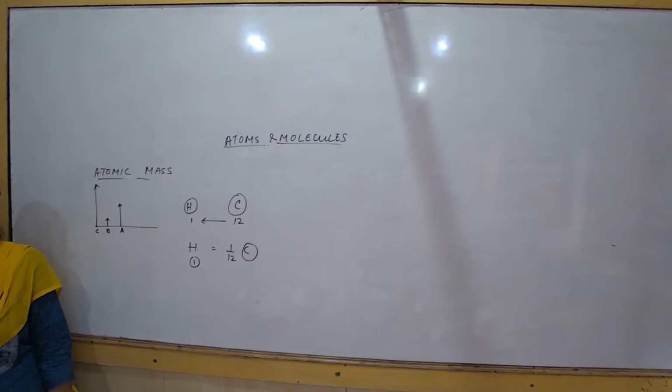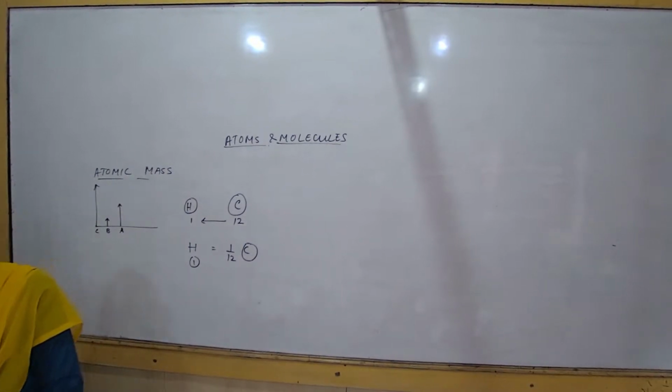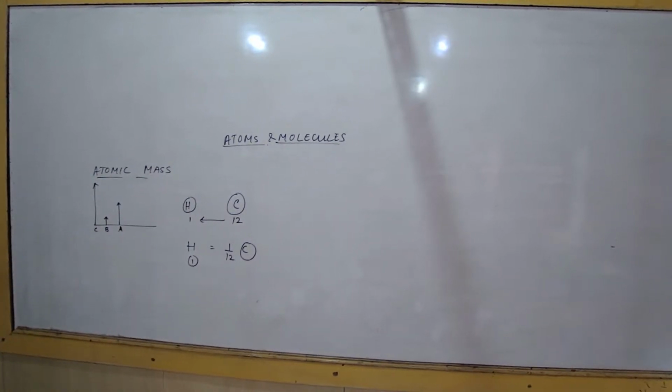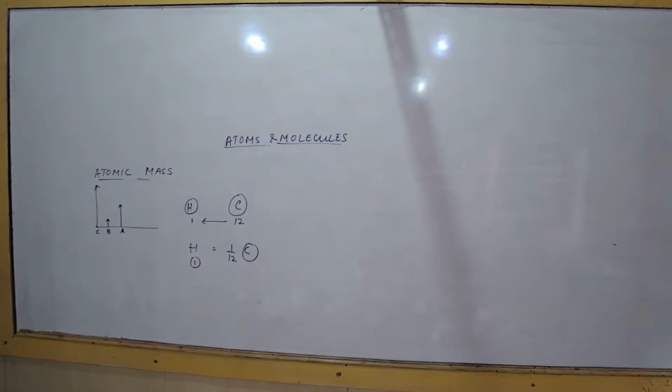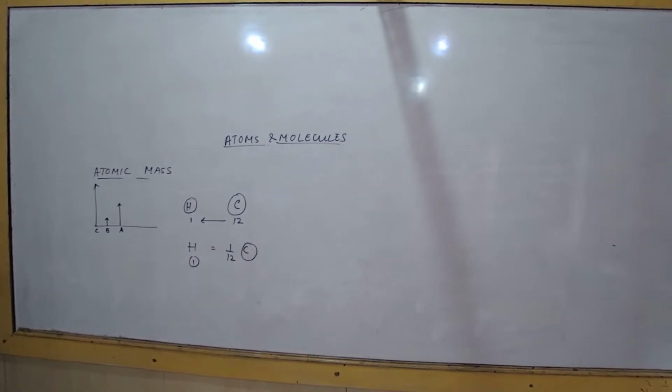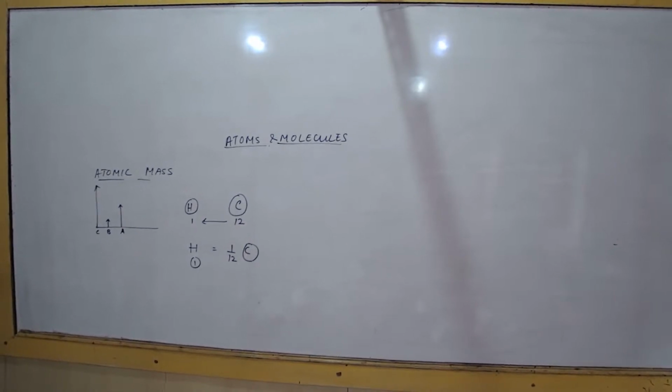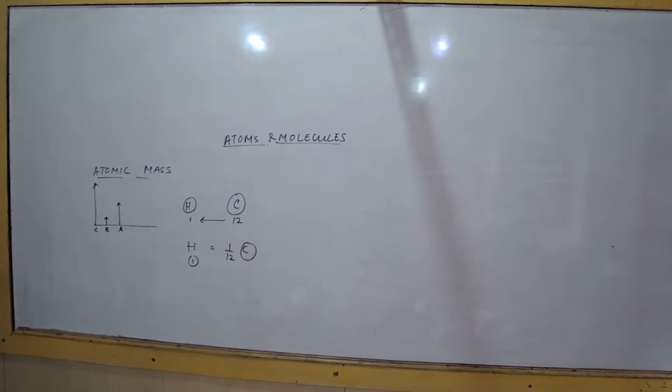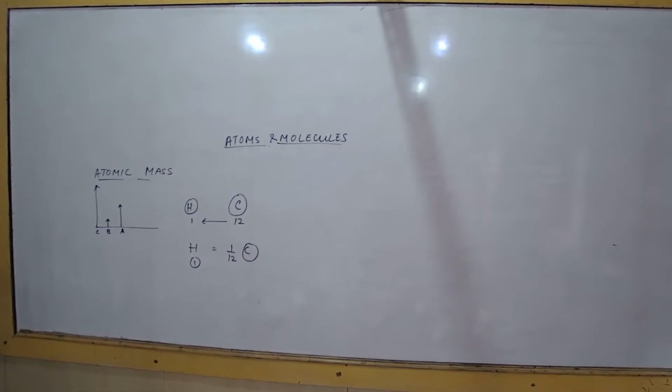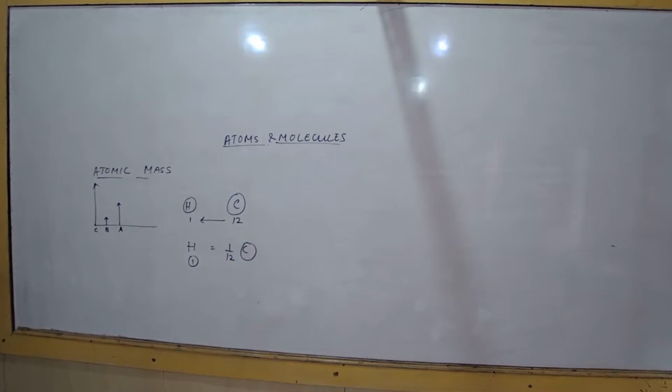Got it? Yes? Now let's read this. See, there's an example here. They have shown you some watermelon and all that. Did you see that? This page. Next page. What are we doing?